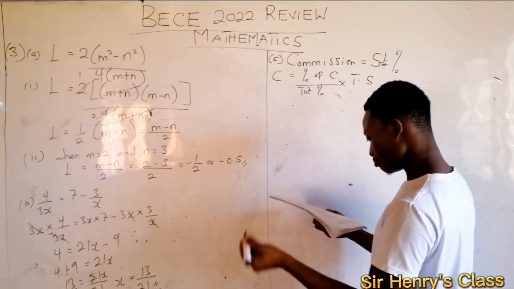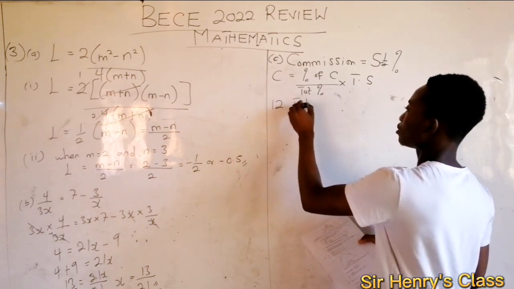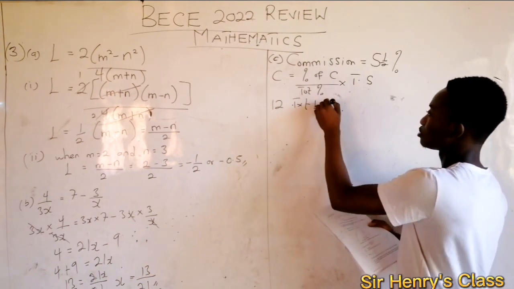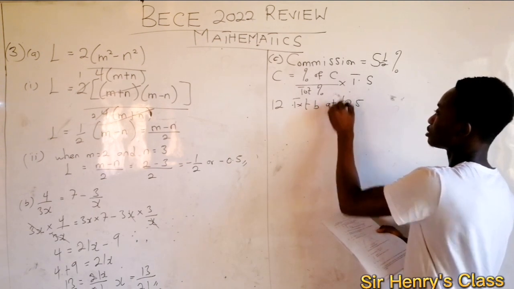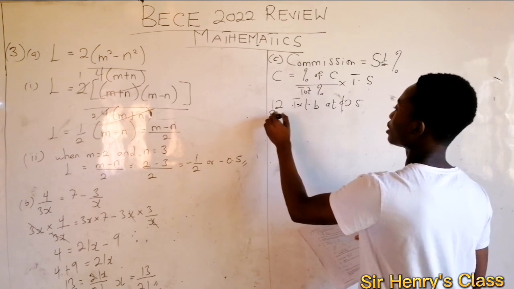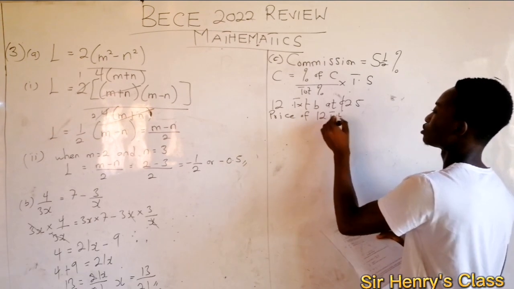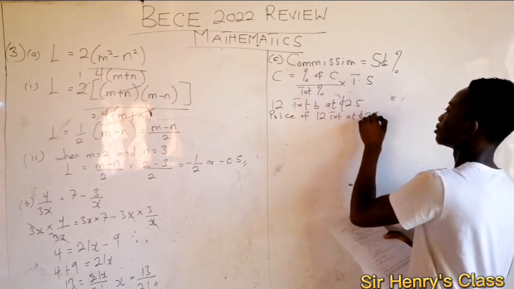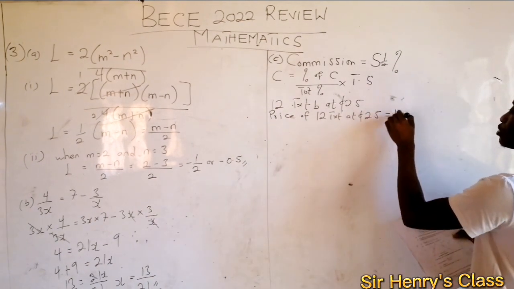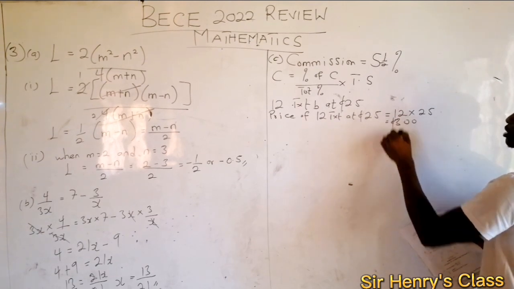It says this salesman sells 12 textbooks at 25 per book. So we need to find the price of 12 textbooks at 25, so it's 12 times 25. 12 times 25 is 300.